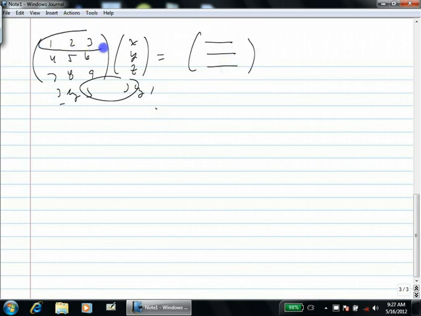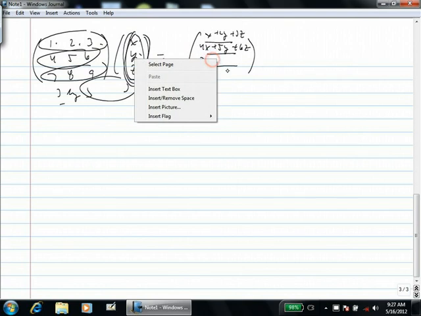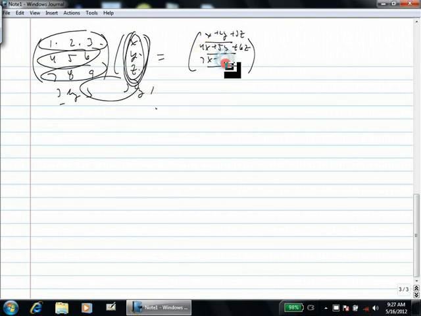When you multiply to get the first row, first column, we combine the first row with the first column. We get 1 times x, 2 times y, 3 times z, or x plus 2y plus 3z. If you do it for the second element, you get 4x plus 5y plus 6z. And if you multiply to get the third element, we get 7x plus 8y plus 9z.